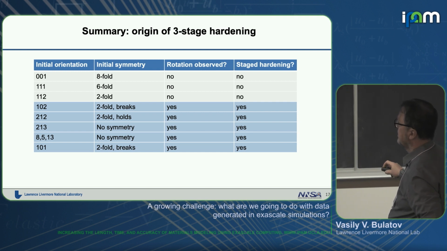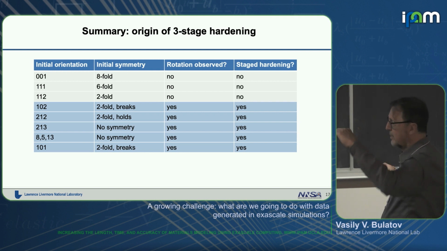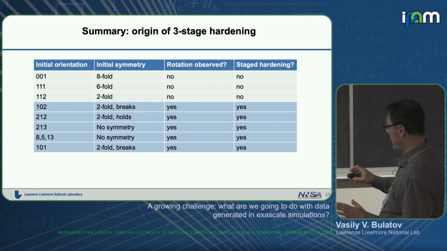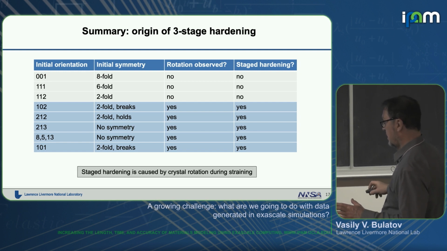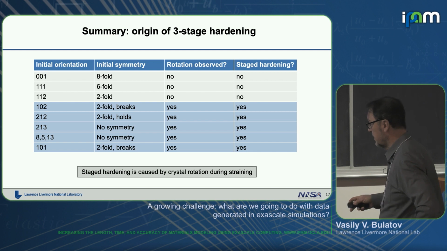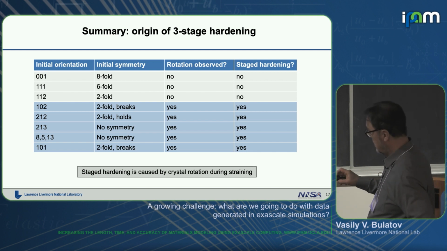If it doesn't rotate, there is no stage hardening, it's all parabolic. If it does rotate, it is stage hardening. We've done a lot more other orientations, always like that. And we can say, with considerable confidence, that stage hardening is caused by crystal rotation during straining.